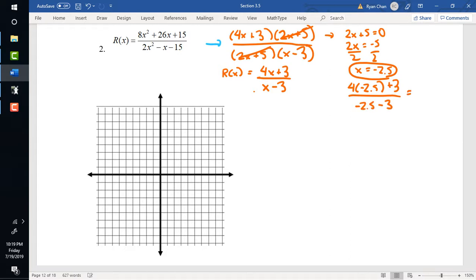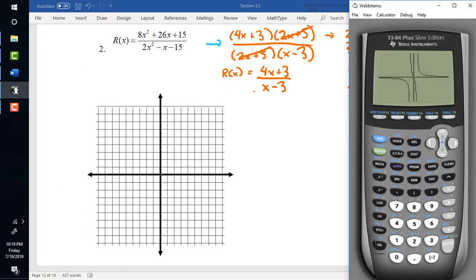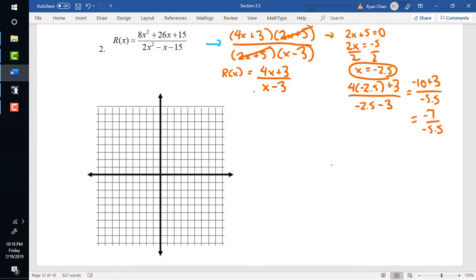So that is -10 plus 3 all over -5.5. So -7 divided by -5.5. So that reduces to 14/11, or you can say approximately 1.27.